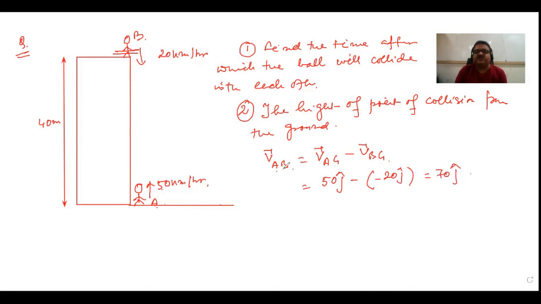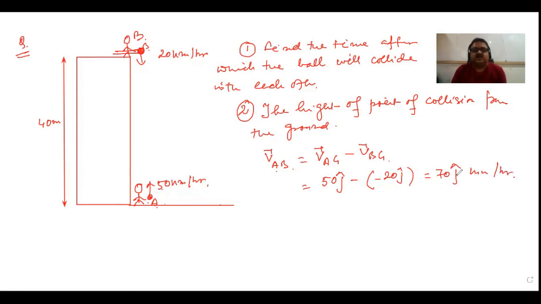That means from the viewpoint of ball B, A is moving towards it with a speed of 70 j km per hour.